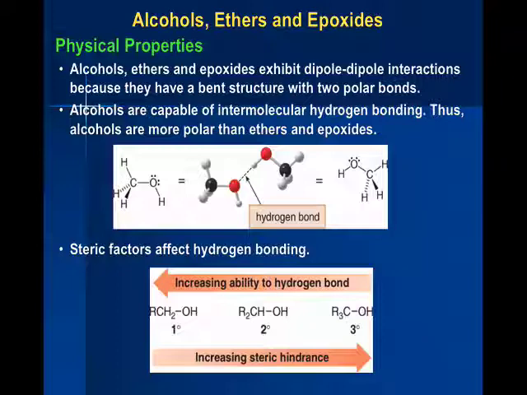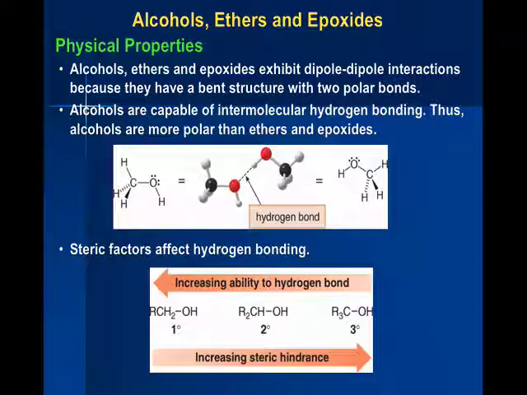Now we know that alcohols and ethers all have dipole-dipole interactions, right? They have polar bonds. Carbon and oxygen have different electronegativities. So we are going to have dipoles, and they are going to be permanent dipoles, okay? But alcohols are also capable of forming hydrogen bonds, right?